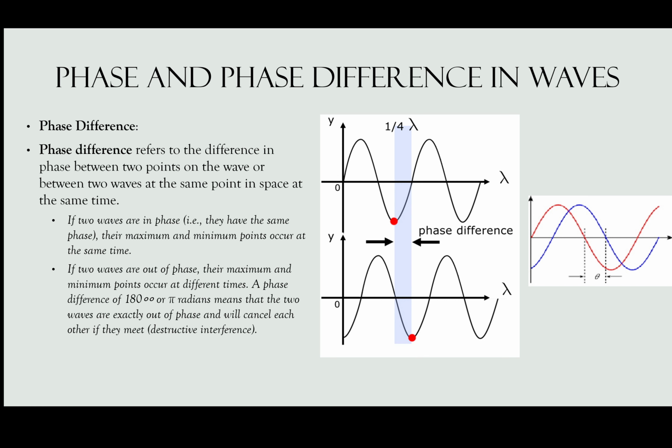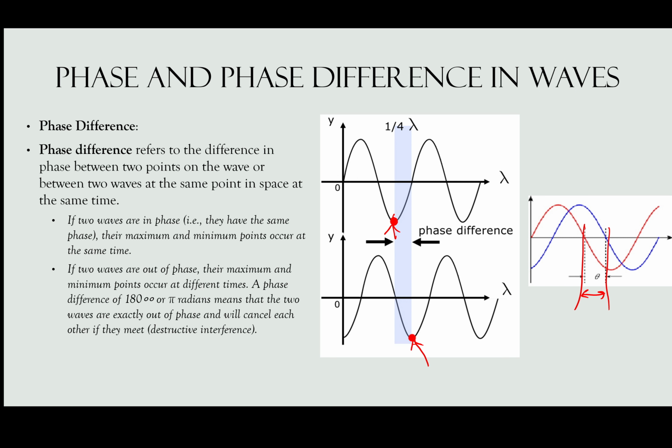At the same point in time, this particle is here on this wave, but the same particle is here on the other. Therefore, it's just out of phase. It's not directly matching up, and this is what it's saying on this diagram. This is a difference between the two. That's what we call a phase difference.